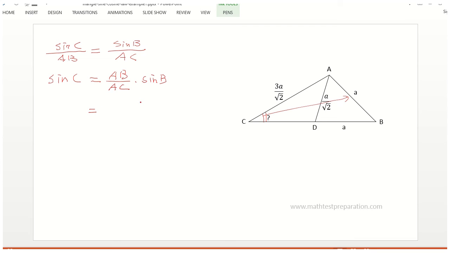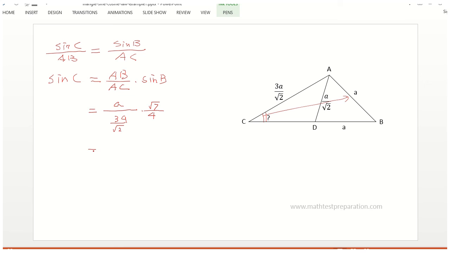AB is A. AC is, square root 2 is denominator, numerator is 3A, times sine B. Sine B is, denominator is 4, numerator is square root 7.